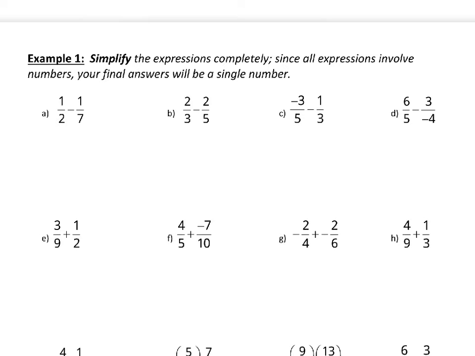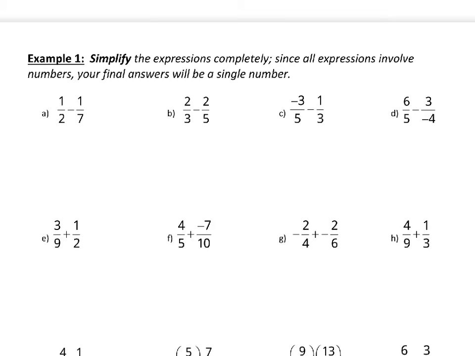So now we have 24 plus 15, and that becomes 39. And remember, the denominators in addition and subtraction do not get added or subtracted together. So our final answer is 39 over 20, and that cannot be reduced.